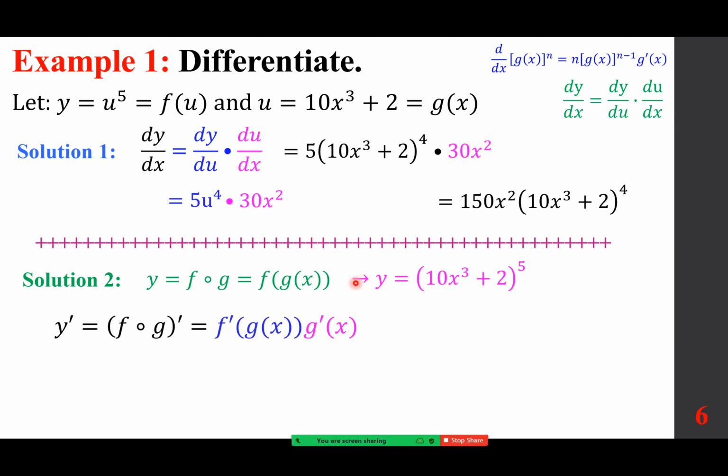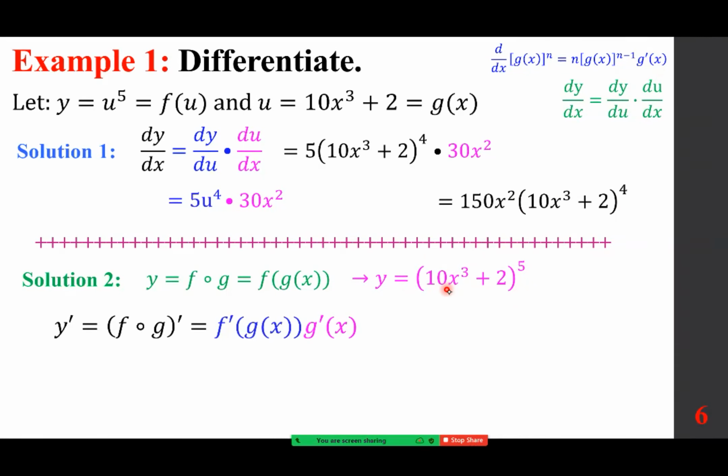So in essence, we are using the extended power rule. n is 5, put it in front. Then write g of x just the way it is, whatever is inside the parentheses, to the power of 5 minus 1, which makes it 4, times g prime of x, the derivative of the inside, which is 30x squared.